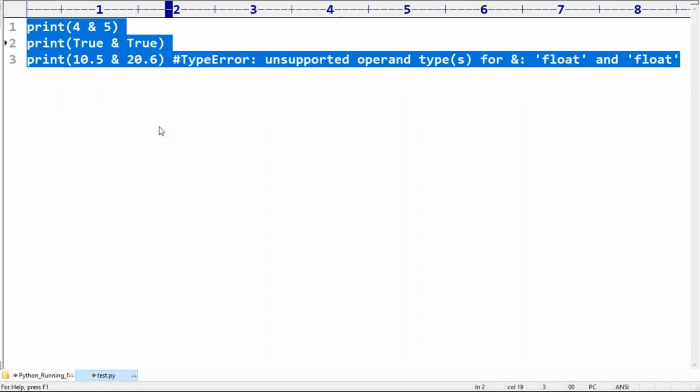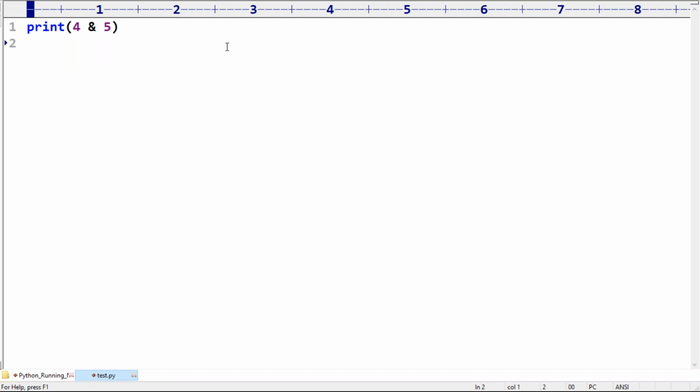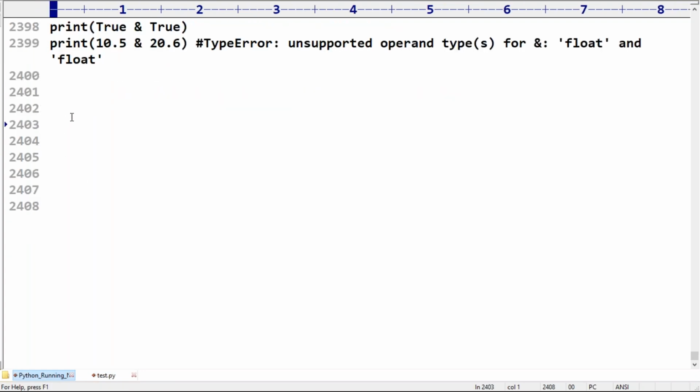Here I'm taking 4 AND 5, 4 OR 5, 4 XOR 5. When does the AND operator return true? For bitwise operators, if both the bits are 1, then only the result is 1.